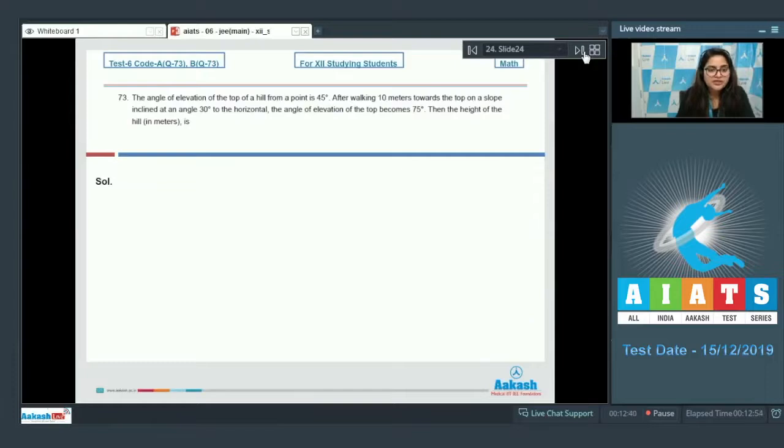Question number 73. The angle of elevation of the top of a hill from a point is 45 degrees. After walking 10 meters towards the top on a slope inclined at an angle of 30 degrees to the horizontal, the angle of elevation of the top becomes 75 degrees. Then the height of the hill is, suppose this is the hill, this angle is 45 degrees. The question is asking after walking 10 meters towards the top on a slope inclined at an angle of 30 degrees.